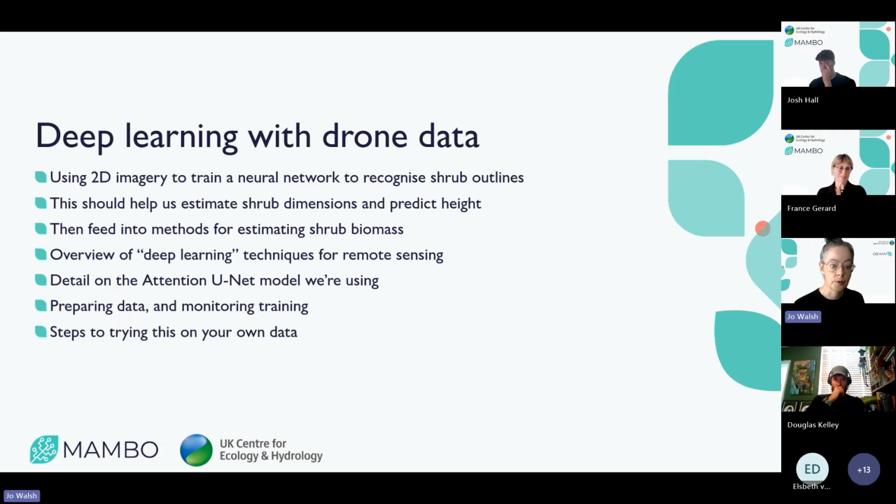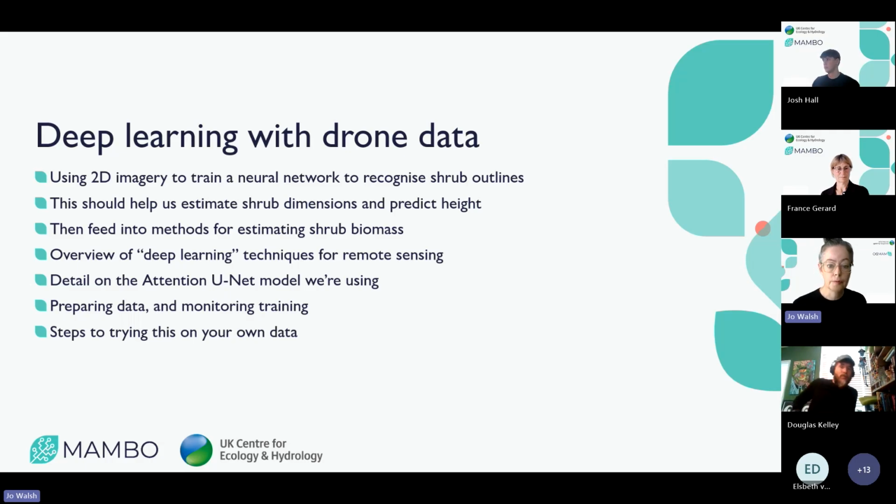One approach that we've got for doing this is a fairly traditional deep learning model that takes drone imagery and a set of shrub outlines and enables us to recognize shrubs in a scene captured by a drone, to then, from the 2D outlines of a shrub's footprint, estimate its dimensions, its height, and feed into methods for calculating biomass in the rewilding site.